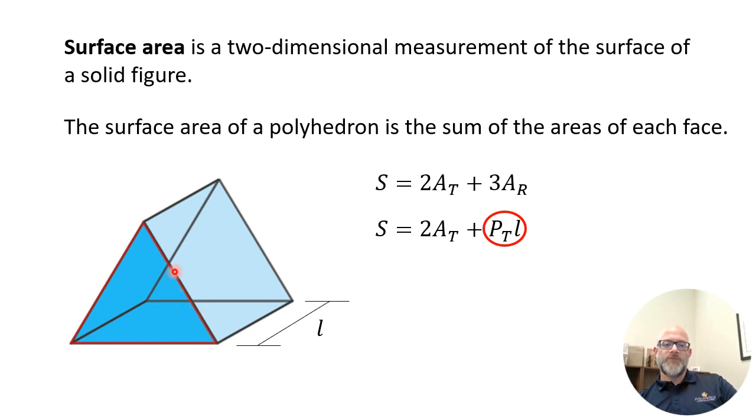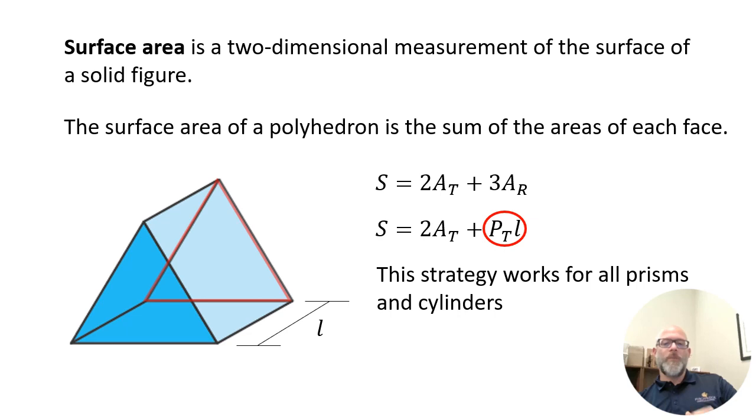If I multiply this red perimeter of the triangle times this length right here, here's what happens. The perimeter sweeps out all of the surface area of the rectangles. That's incredible.